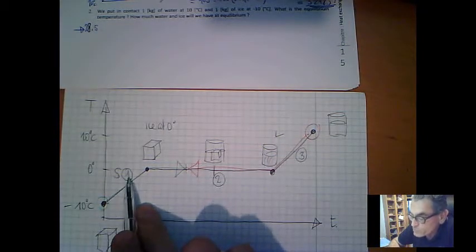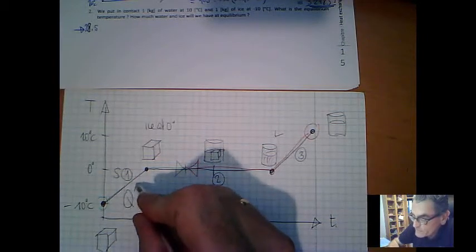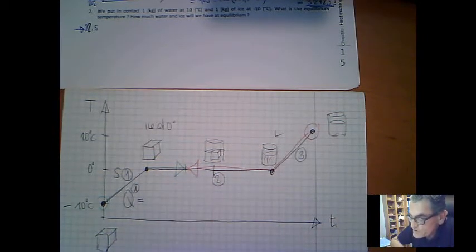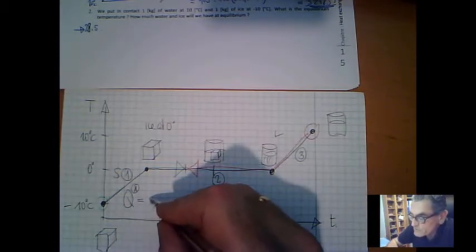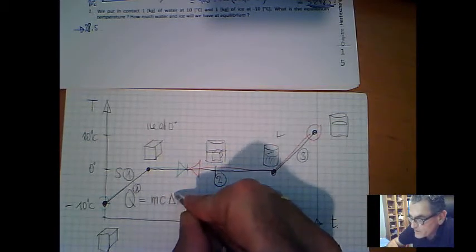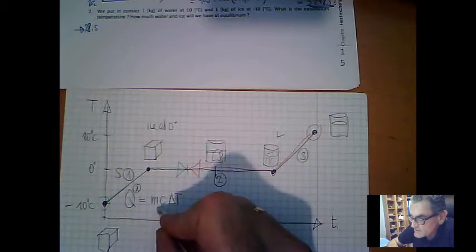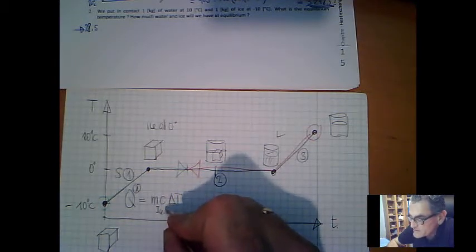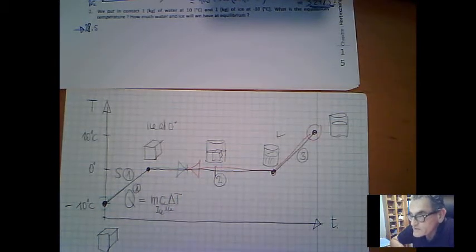In this phase 1 here you have a Q1, which is going to be of which form? It's the usual term for heating up a substance. And don't do as if you didn't know. You know, this is M times C times delta T, and this is the mass of ice, and this is the C of ice.